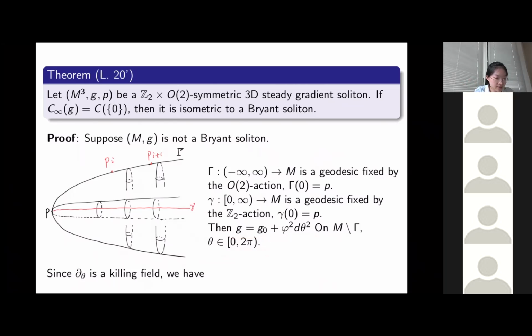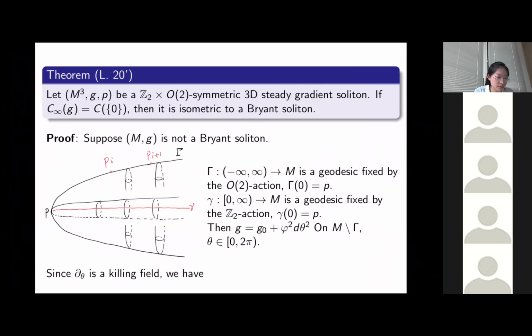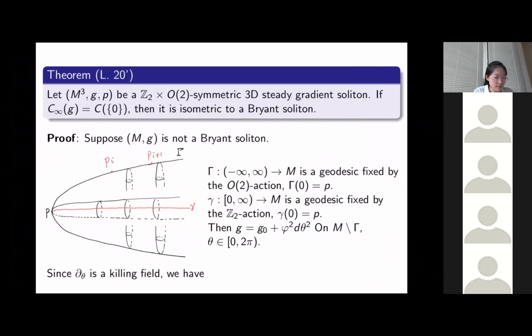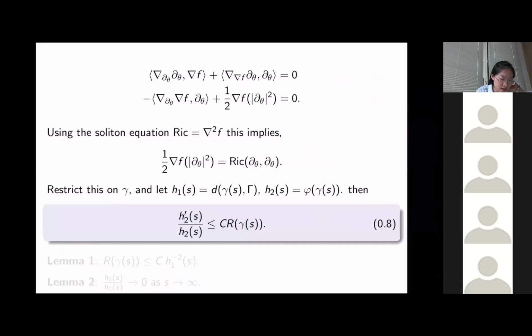And so we know that this is a warped product metric, so we have a Killing field given by partial of theta. Now, using the Killing equation, you can do some computation and you get the following two equations.